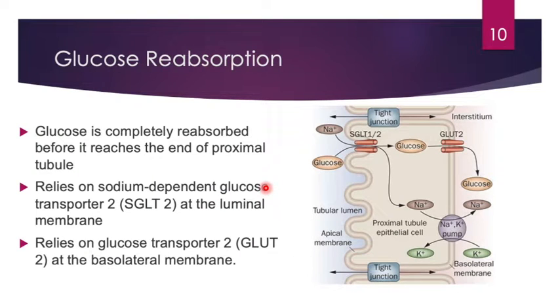Let's take a look closer at glucose reabsorption. Glucose reabsorption mainly occurs in the early proximal tubule. When filtrate reaches the end of proximal tubule, all of the glucose has been reabsorbed. As we have learned previously, the luminal membrane of the proximal tubule contains SGLT, sodium glucose co-transporter.